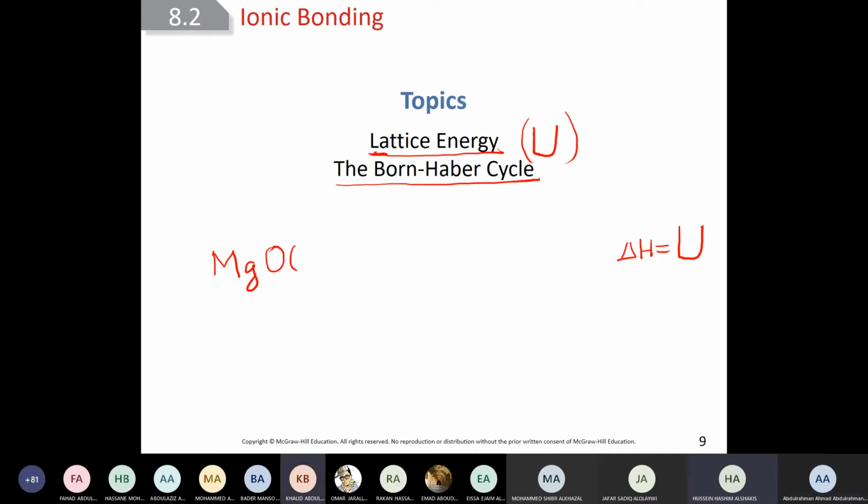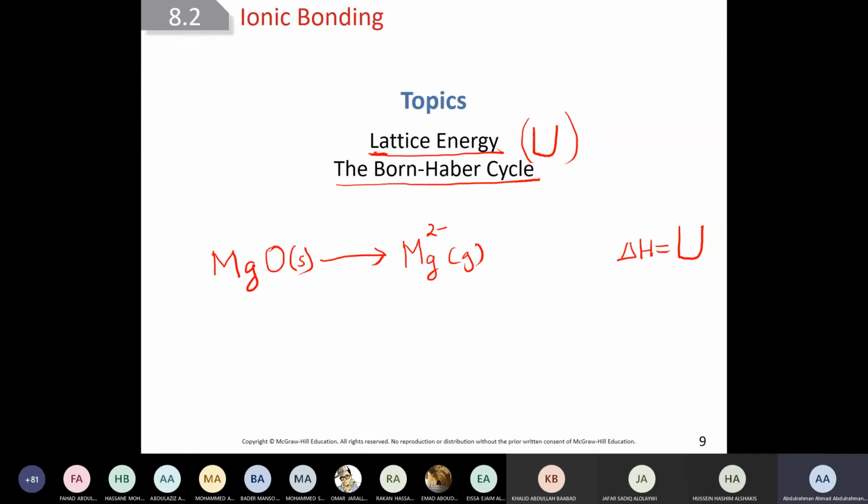Yes. It's the energy required to take a solid compound into gaseous ions. So I want you to complete the equation. Go ahead and write the complete equation. Mg plus... Mg in gaseous state, plus 2 plus.